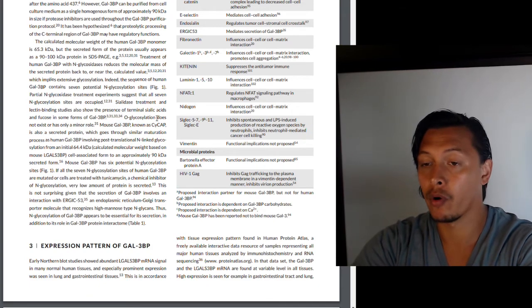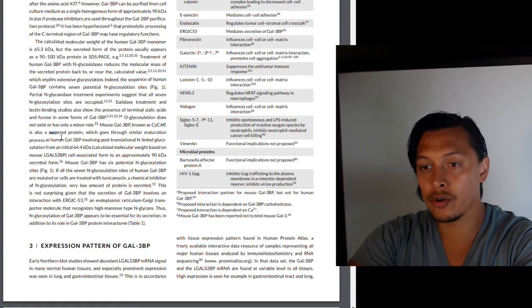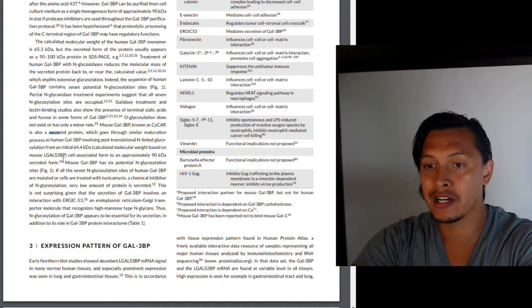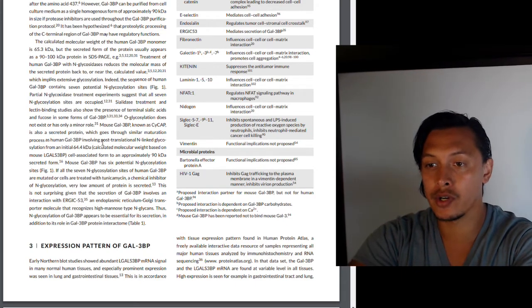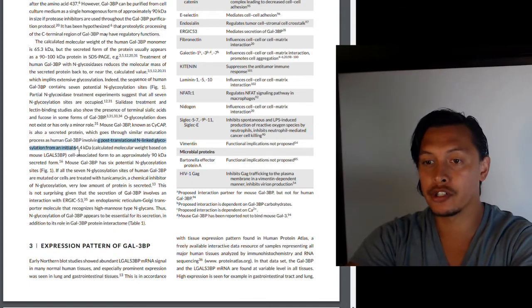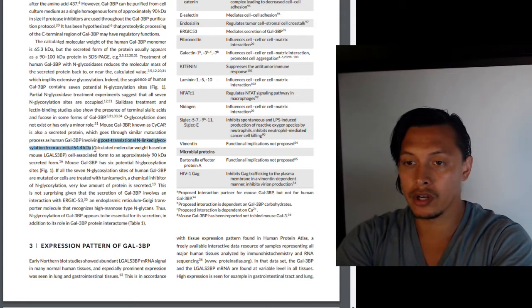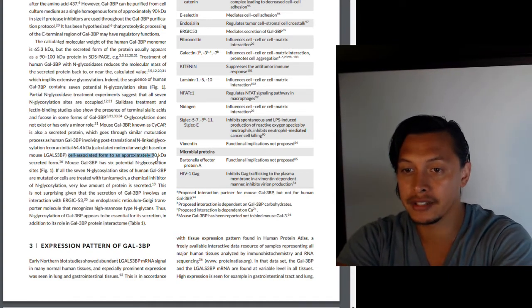The oxygen form doesn't. So the mouse galectin-3 binding protein, also known as CyCAP, is also a secreted protein which goes through similar maturation processes as human galectin-3 binding protein, involving post-translational N-linked glycosylation from an initial 64.4 kilodalton cell-associated form to an approximately 90 kilodalton secreted form.